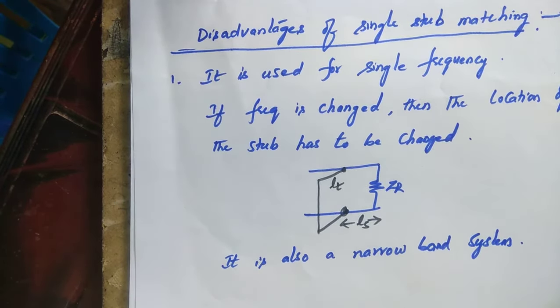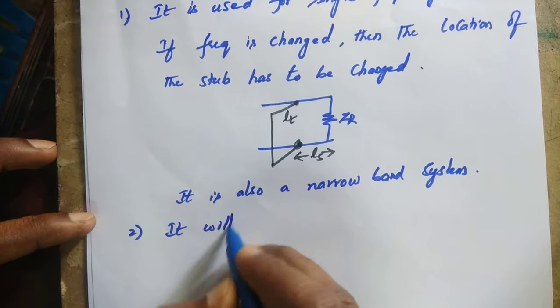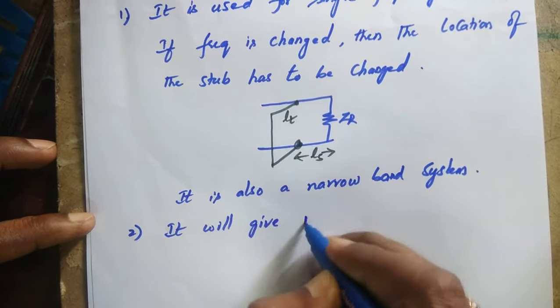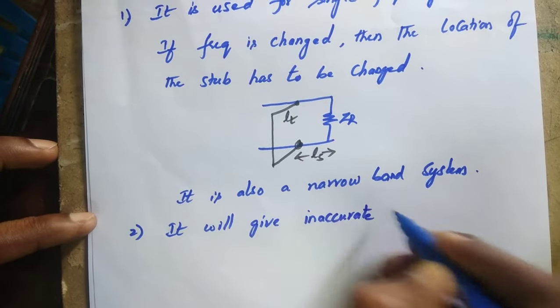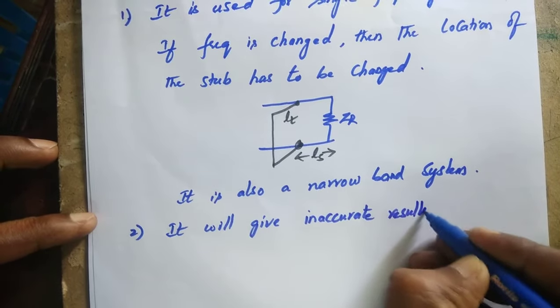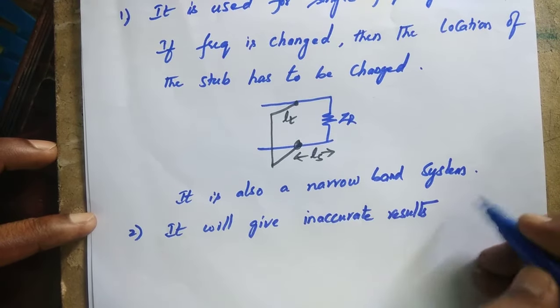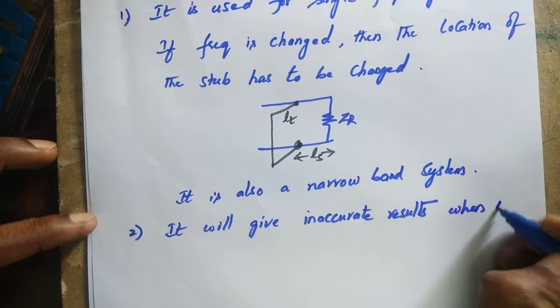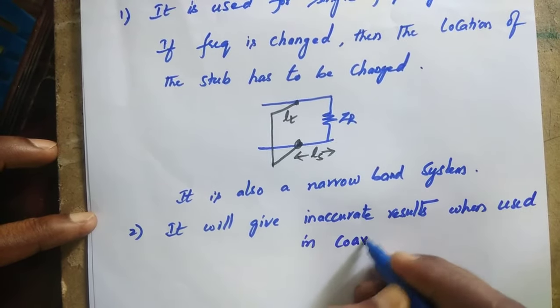Coming to the second disadvantage, it will give inaccurate results when used in coaxial cables.